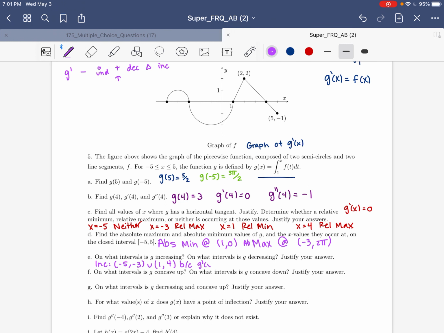And we're going to say because G prime, which equals f of x, is positive. Now decreasing is everywhere it's negative. So this one's going to be from negative 3 to 1, and then from 4 to 5, because G prime of x equals f of x is negative.